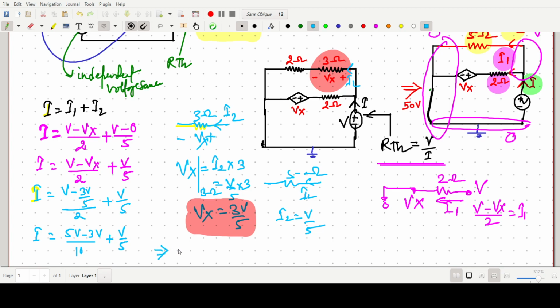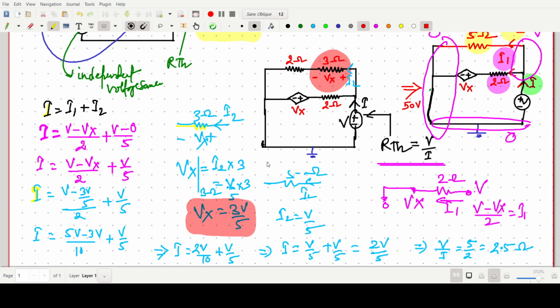So this I will be 2V by 10 plus V by 5, that is V by 5 plus V by 5, which is 2V by 5. So now we can find V by I equals 5 by 2, that is our 2.5 ohm resistance.